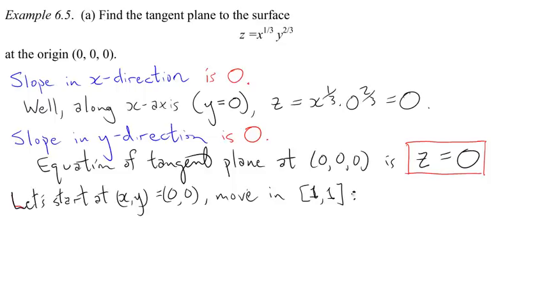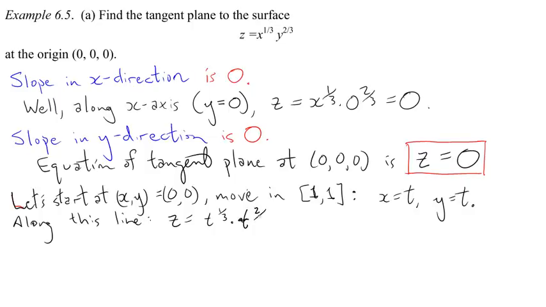So we can parameterize this line by x equals t, y equals t. And then along this line, z, let's just plug in the value for x, it's t to the 1/3, and then y is also t to the 2/3. So this is t to the 1/3 plus 2/3, which is t. So along that line, z has the value t.